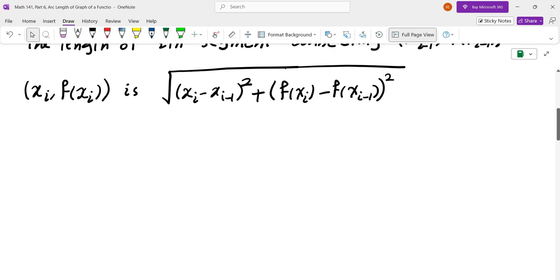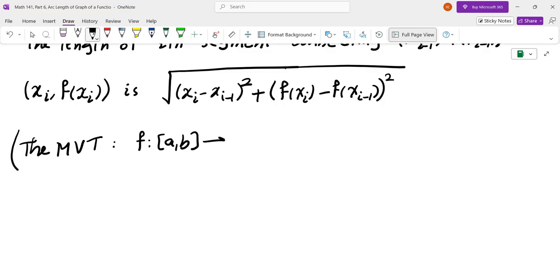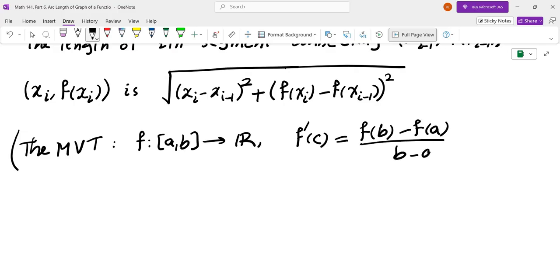Now, one thing that we need for this is the mean value theorem. The mean value theorem is something from Calc 1 that tells us that if you look at a function f from [a, b] to R, there is a point c in between a and b such that f prime of c is equal to f of b minus f of a over b minus a.